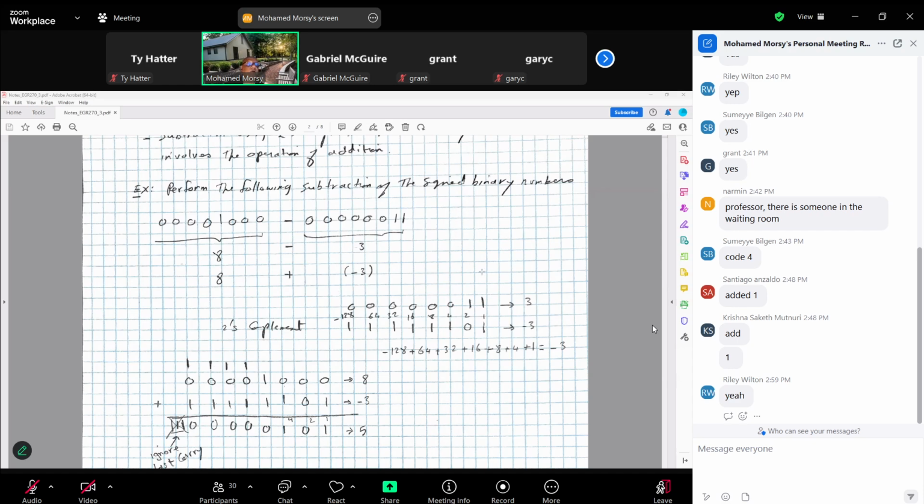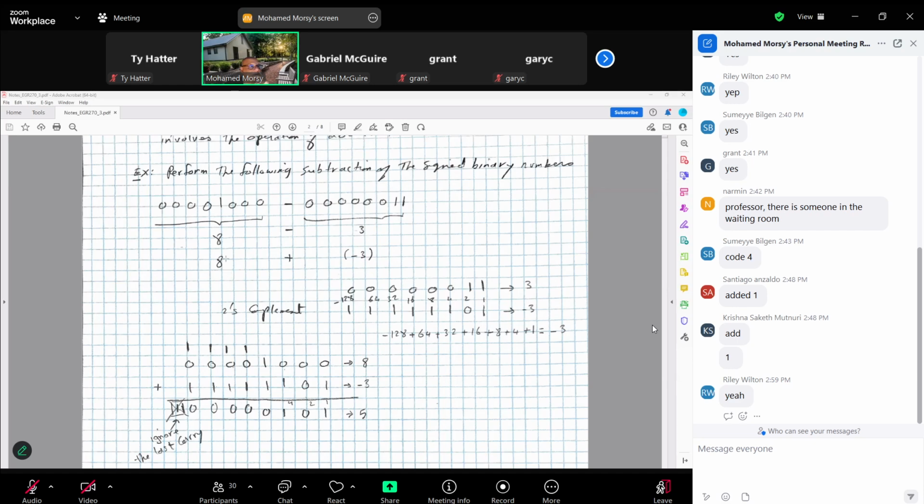We can do regular subtraction, but as we mentioned, we have the advantage of using the two's complement. How? This number minus this number is like this number plus this negative number. The same thing, right?